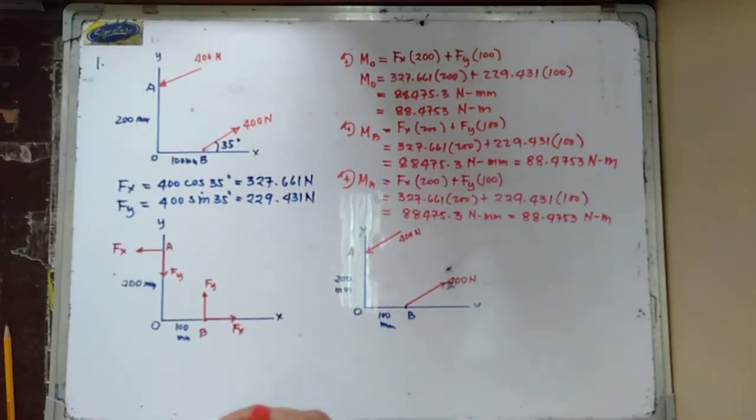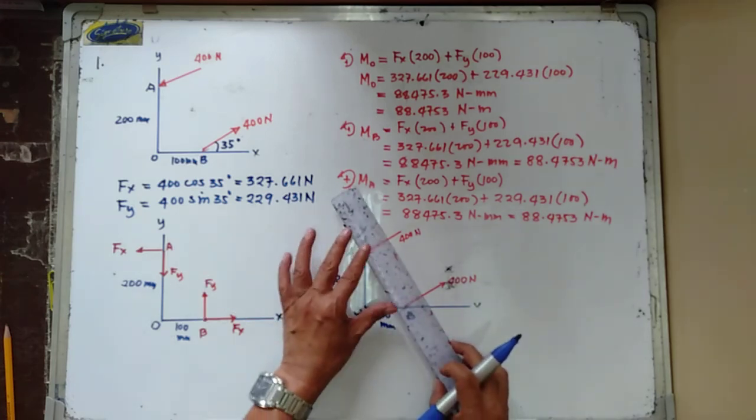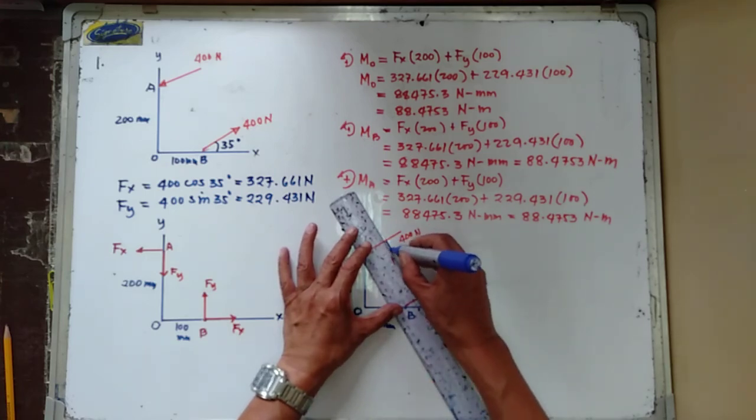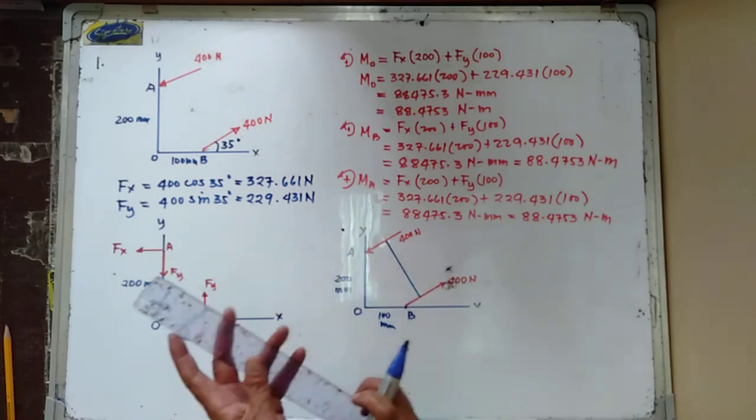Now, let us try to determine the perpendicular distance between their lines of action. So this is therefore the perpendicular distance between their lines of action.